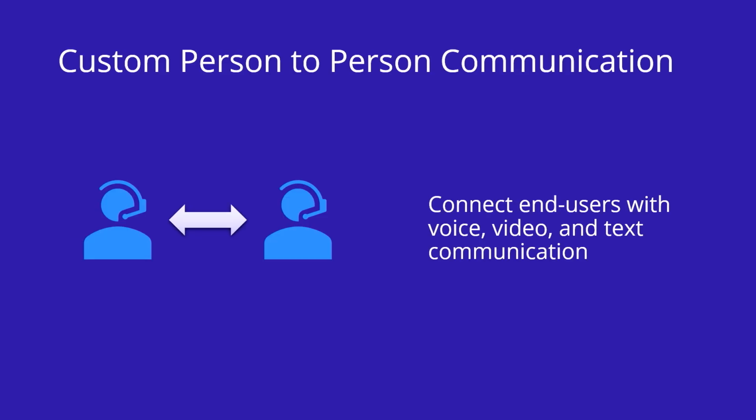I'm going to talk about business cases or scenarios you can build to tie these things together. The first one is real-time human-to-human communication. So you can imagine you're building your own application, again, web, desktop, or mobile, and you want to have a real-time interaction between human beings with voice, video, and text.